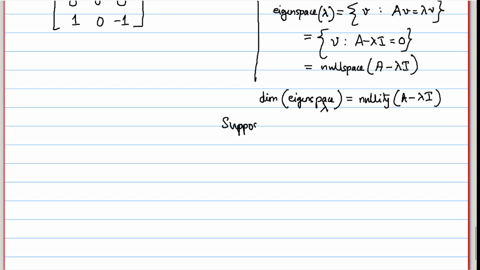Suppose lambda equals 1, and the dimension of the eigenspace of lambda equals 1 is 2. What does this mean?